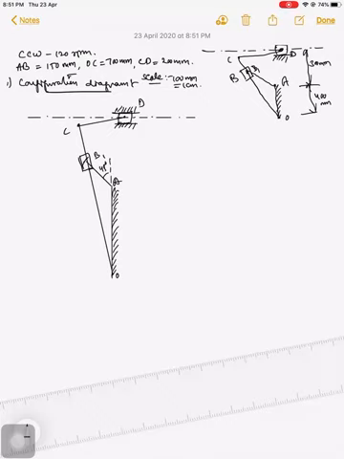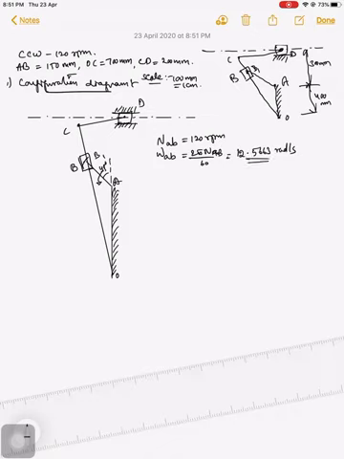So we know certain things here. Using that we can find out the speed with which the link is rotating, 120 rpm. So you can find out easily the angular velocity of link AB. The angular velocity of link AB is 2 pi N AB divided by 60. When I substitute in the formula, I'll obtain the value of 12.5663 radians per second.